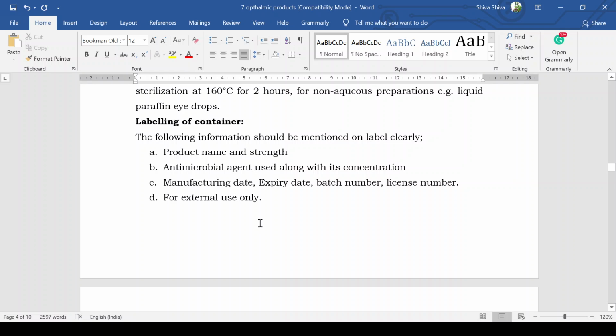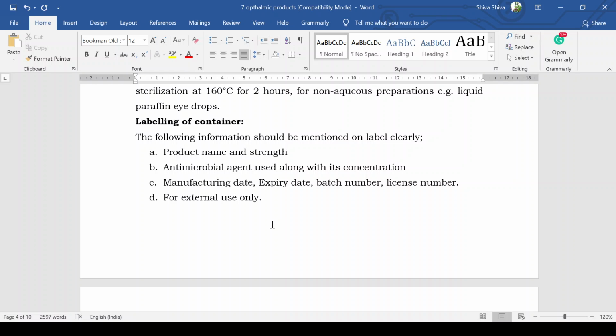The following information should be mentioned on the label clearly. This information is generally present on each and every label of different pharmaceutical products. So the product name and strength, obviously, if it is an eye drop, then the name of that eye drop or the API component along with its strength percentage.